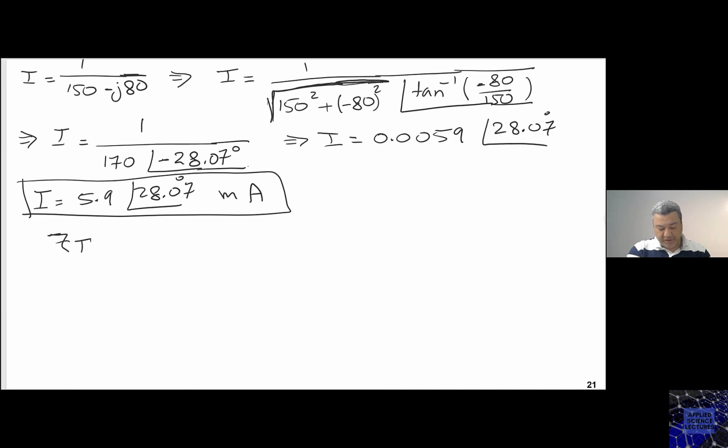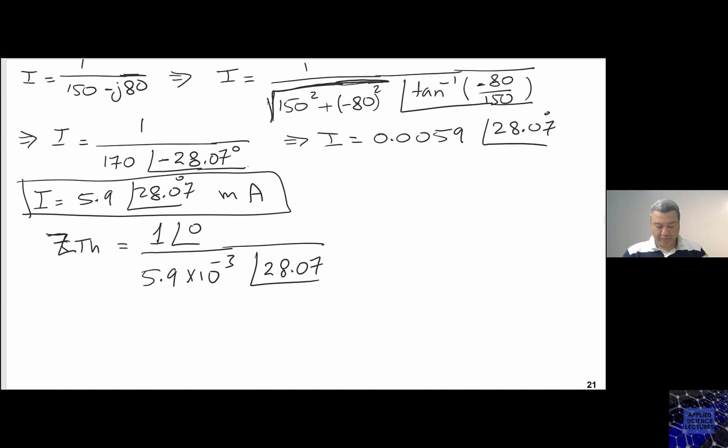Z Thevenin is the voltage that we hooked up to the source divided by the current we got. Right?